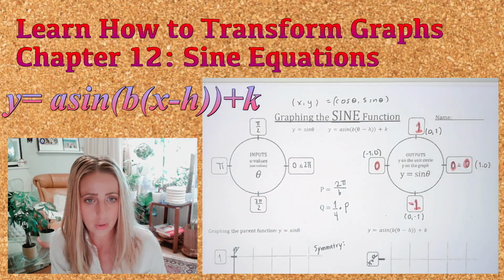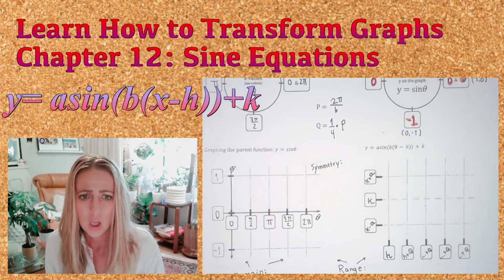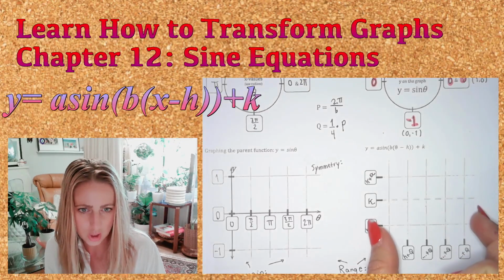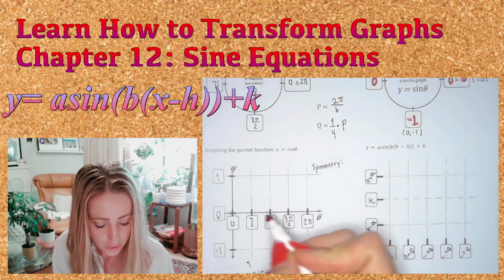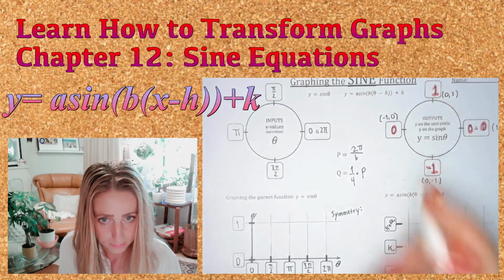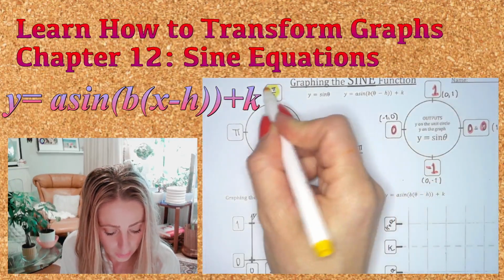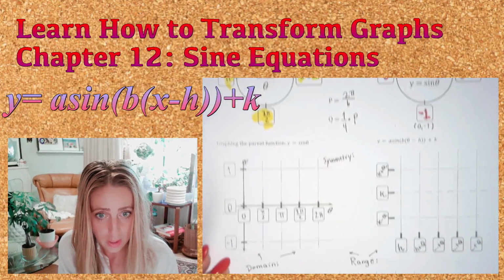Now that that's all out of the way, let's go ahead and graph our parent function of sine. I'm not going to always draw the x and y axes. I'm going to use this little grid to represent it. So when the input, input, input, those are your inputs, that's what we're putting in.